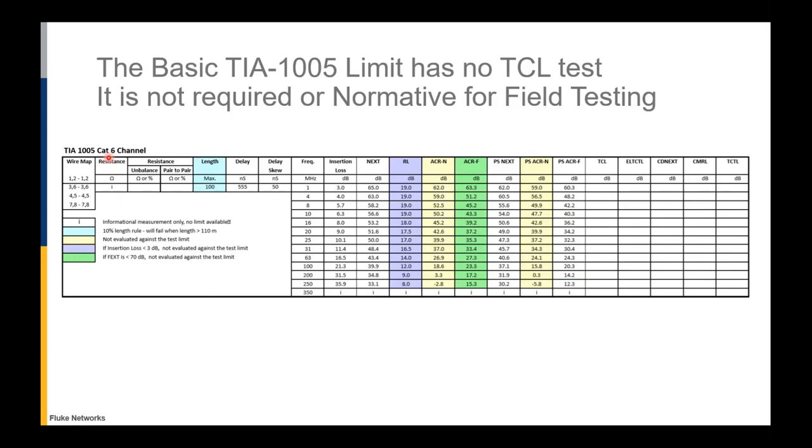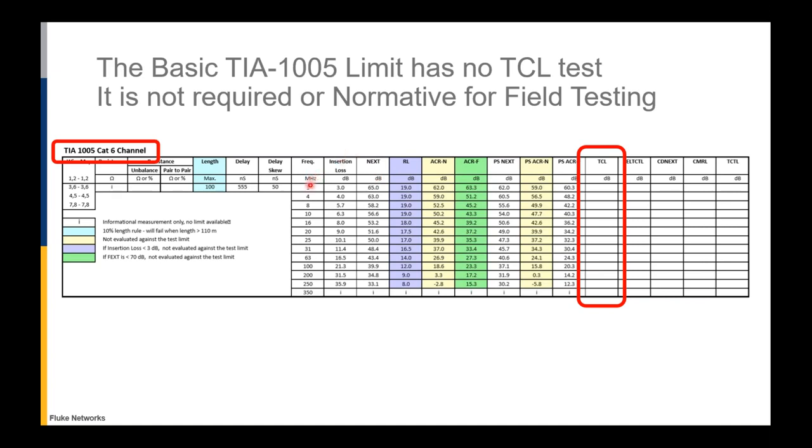TCL has existed for a long time, but in the past, older cable testers weren't able to test TCL in the field. Modern cable testers can test TCL in the field. And so we see that on this minimal requirement test, there is no requirement for TCL.